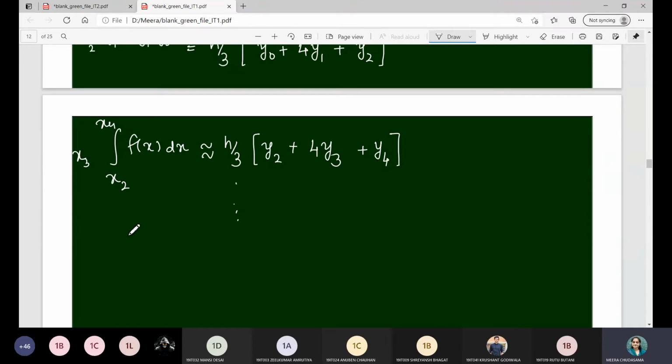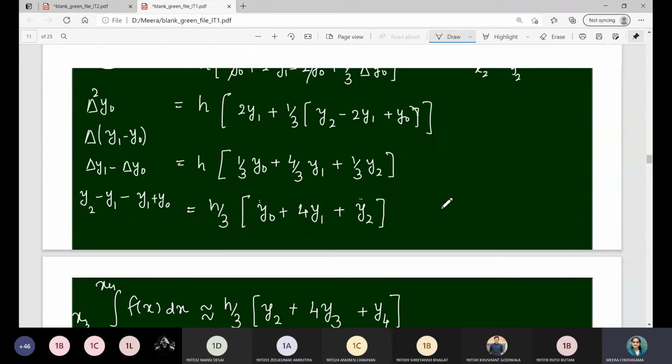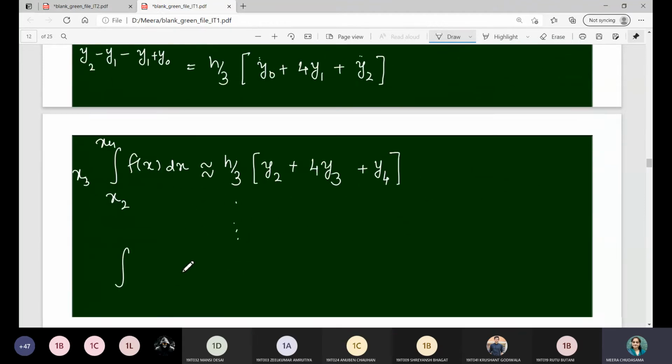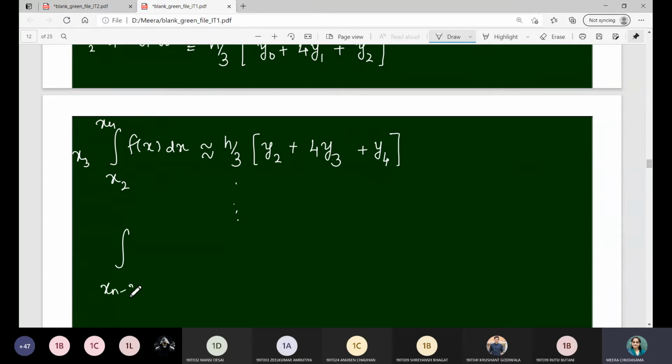So in general, if you consider the last subinterval, this is xn, its preceding number is xn minus 1, and its preceding number is xn minus 2. So the last subinterval will be xn minus 2 to xn.